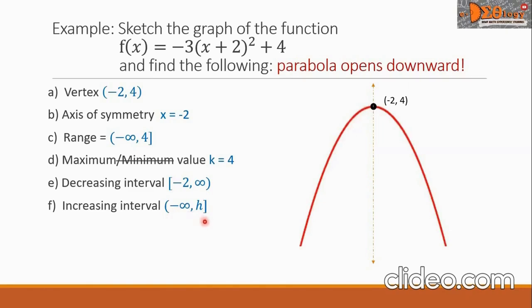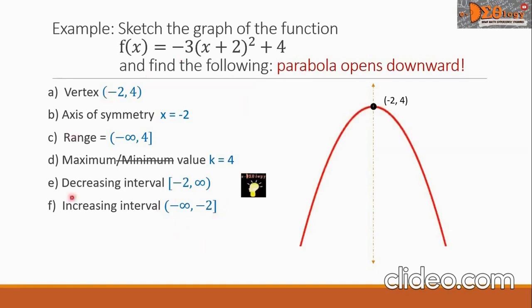We will just substitute the h value with our x coordinate of the vertex. So our answer is negative infinity up to -2. We use the square bracket here and also the parenthesis because we know every time there is infinity, always parenthesis is used.